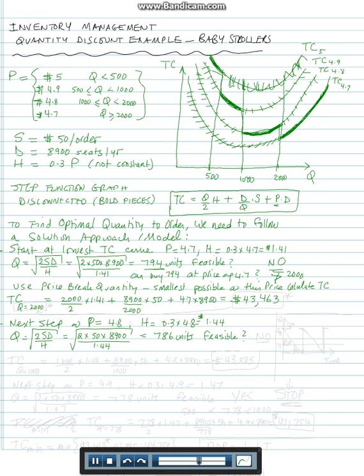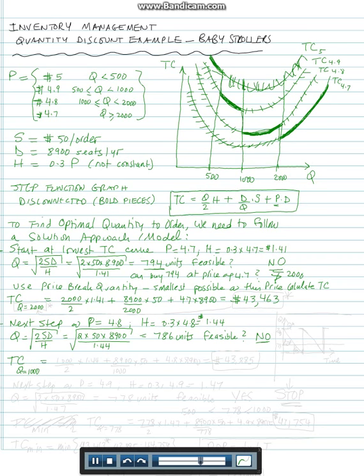The answer is still no, because 786 units is not between 1,000 and 2,000. So that means I go and calculate TC at the smallest Q, the price break quantity that I can buy at 4.8, and that would be 1,000.